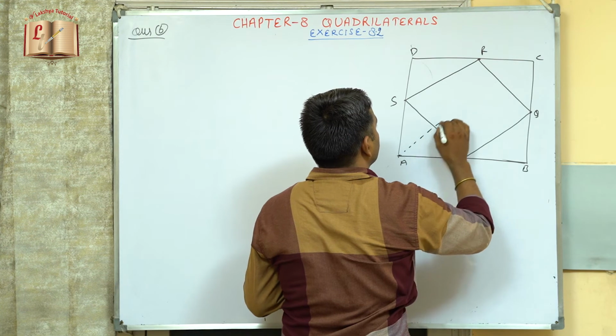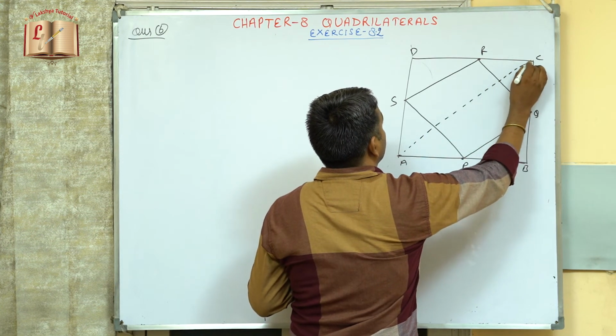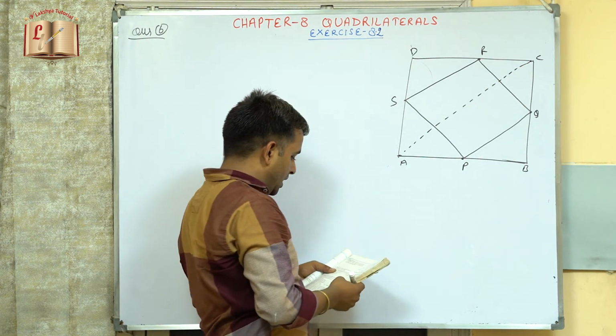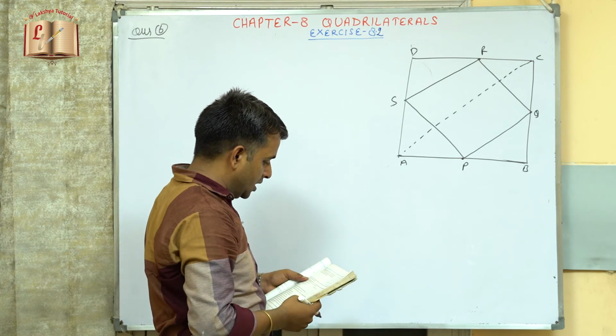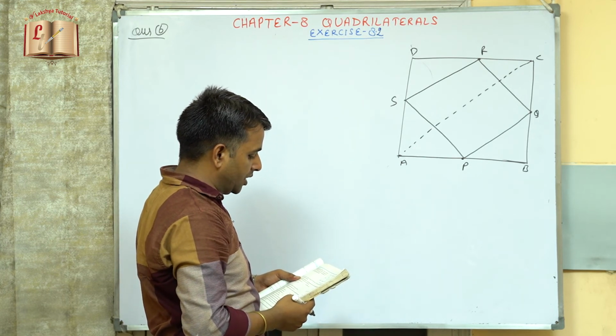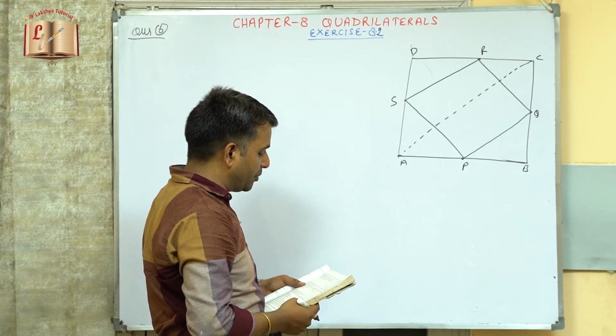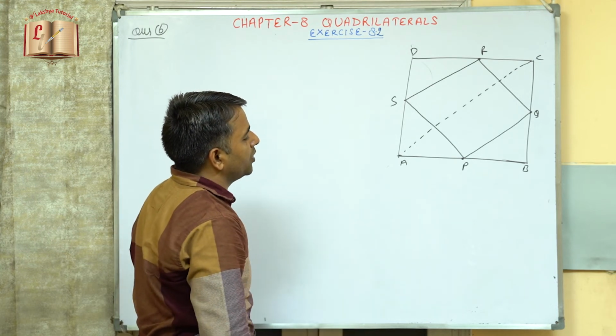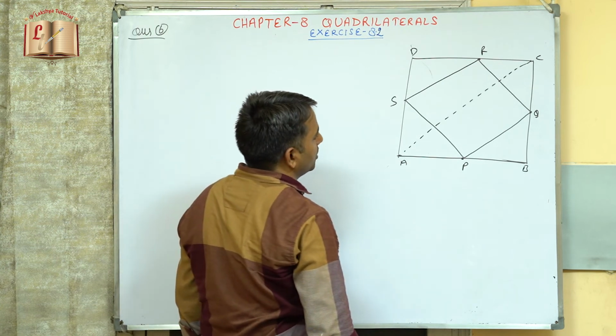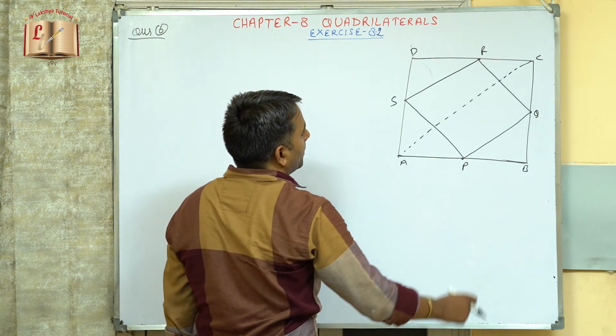Now we can join this. Now it is given that the line segments joining the midpoints of the opposite sides of the quadrilateral bisect each other. So they bisect each other, thus we need to prove.